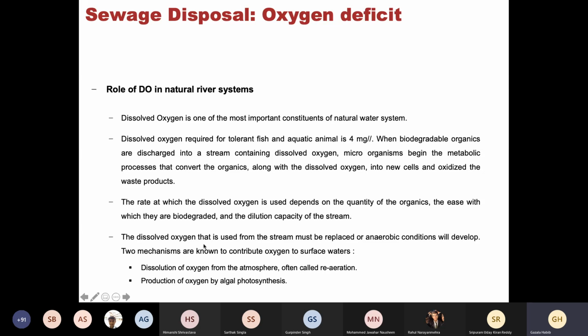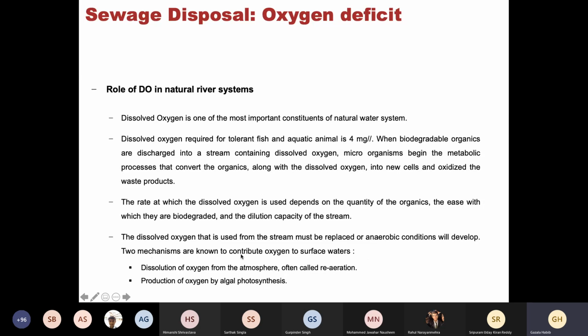I'm not going through each point, you can just read it. Let me just read the final point: the dissolved oxygen that is used from the stream must be replaced, otherwise an anaerobic condition will develop. If the dissolved oxygen in the river body is not maintained at the level required for survival of aquatic life, then anaerobic condition will develop, and that would be problematic.